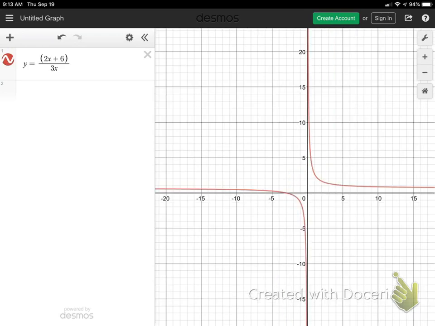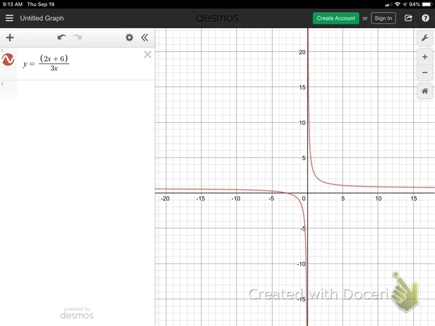This one is a one-to-one function. Now, we've got some asymptotes over here that we're dealing with. We've got an asymptote at 0 right here. And we are approaching 0, but we never cross. And we're approaching 0 here, but we never cross.